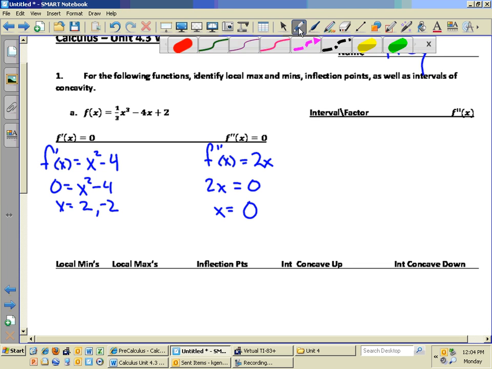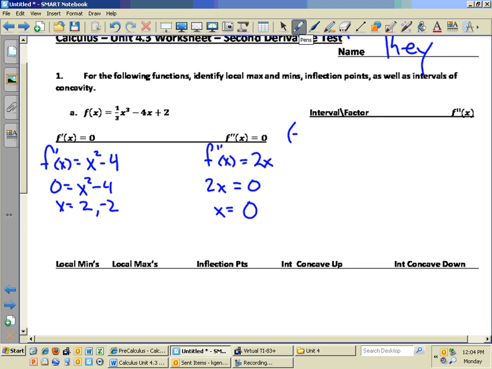Here's one interval from negative infinity to 0, and from 0 to positive infinity. We are going to check the value of f double prime of x in those intervals.